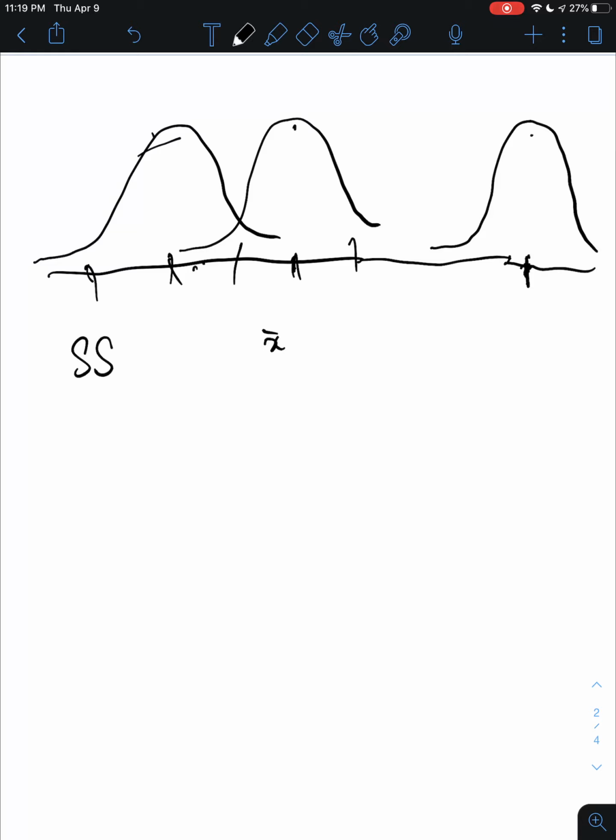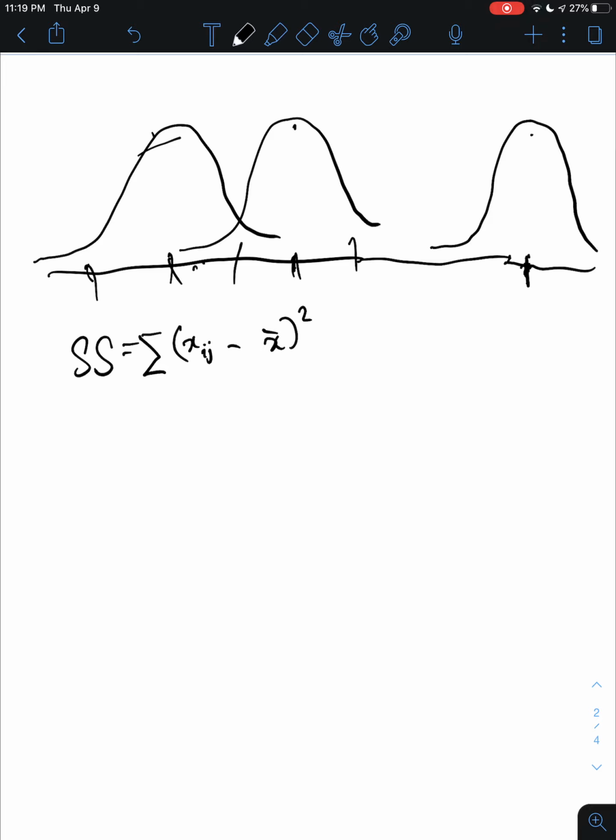And that gives me an overall mean. And then I take each individual and compare them to the mean. And I square those differences and I add them all up. So that's what that formula means. It's the sum of the squares of the deviations from the mean.